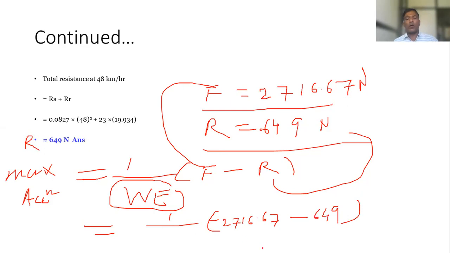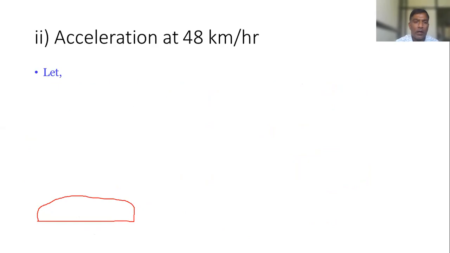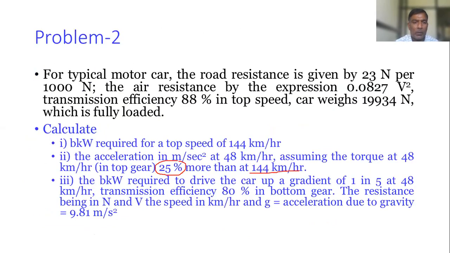Now one more term is given in the example. What is that? This acceleration due to gravity, G is given, and this is W.